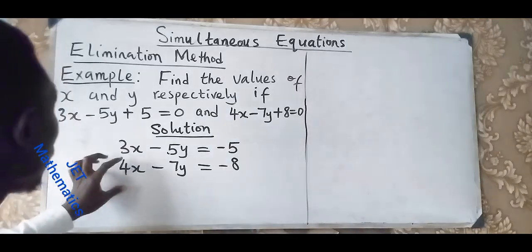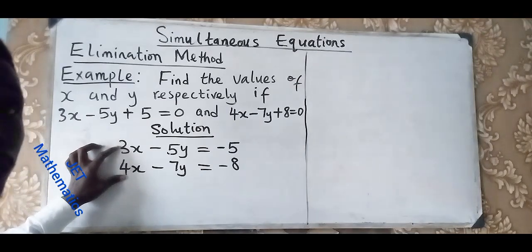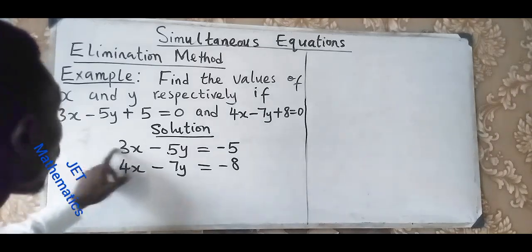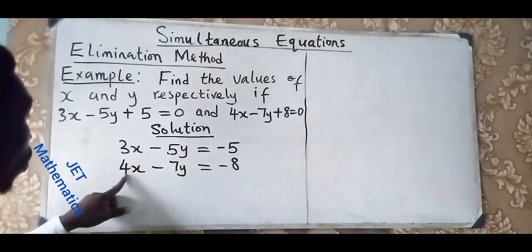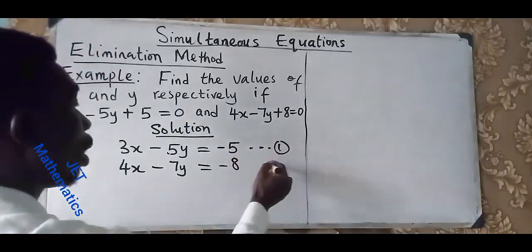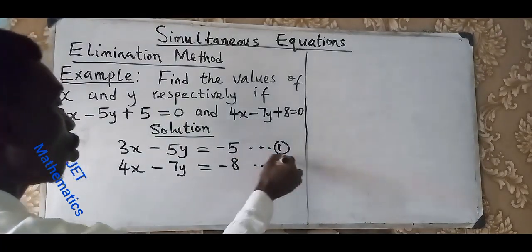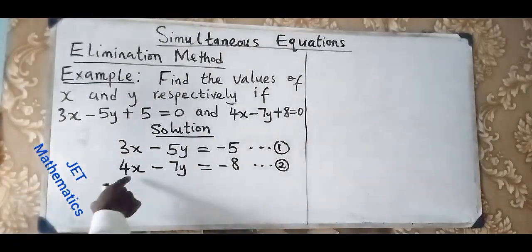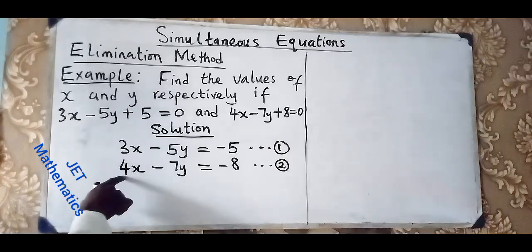I'll be making the coefficient of x in these equations the same. Let's call this equation 1 and this equation 2. So I'll multiply the entire equation 1 by the coefficient of x in equation 2, which is 4.